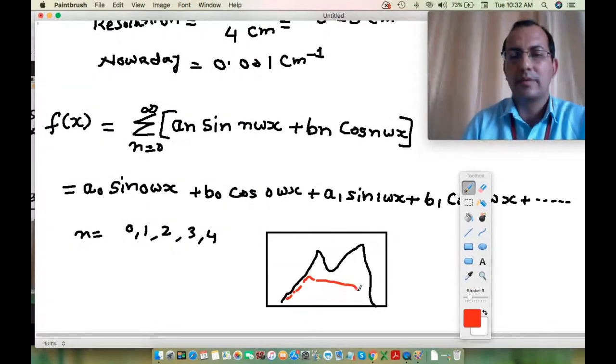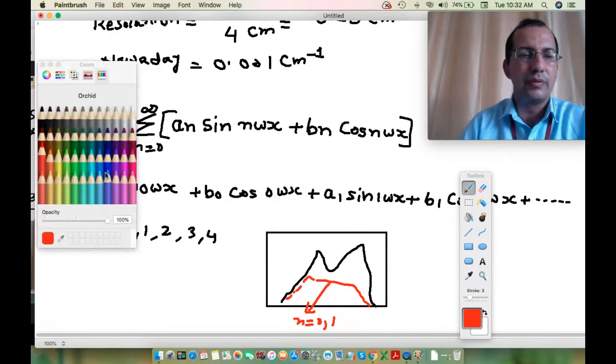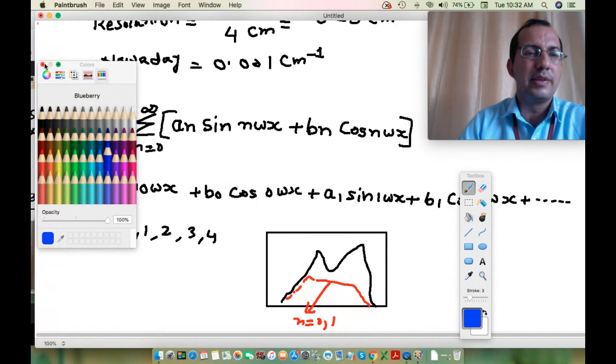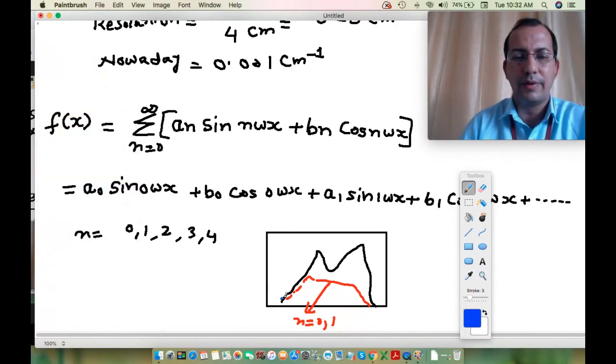It will look quite rough. For example, this is for n equal to 0 and 1, when we have considered only 1. But in the second case, the blue one, if you increase the number of terms, you would get the exact fit for the curve.